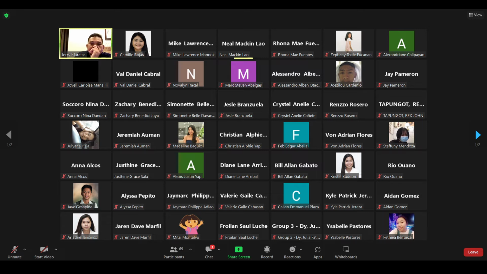Pwede ra, sir, instead of the partitioning method kay mo gamit rami sa imuhang solution sa PowerPoint. Pwede ra. No problem. So amo lang ni disregard ang kaning first instruction, partitioning method. Yes.